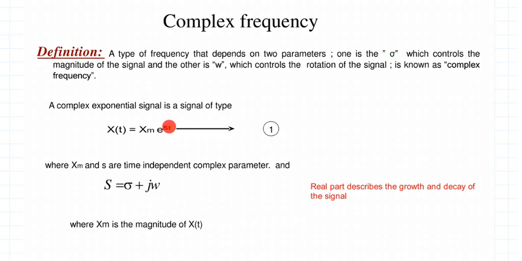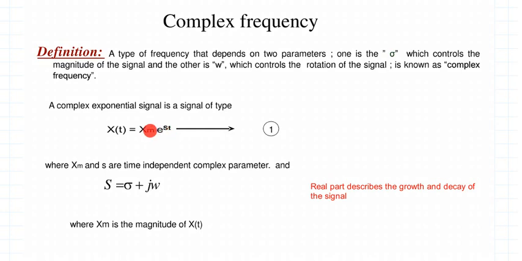And that's why, as time changes, there are going to be some changes in sigma and omega. They are going to change as time changes, and that's why we are taking s into t. Now the thing that remains is, why am I not multiplying x_m directly with st? Why am I multiplying x_m with e raised to st? Is it not a question to be thought of?